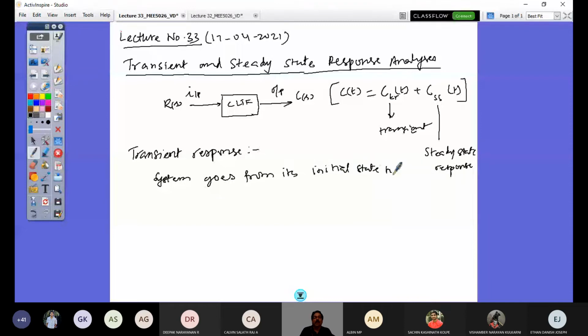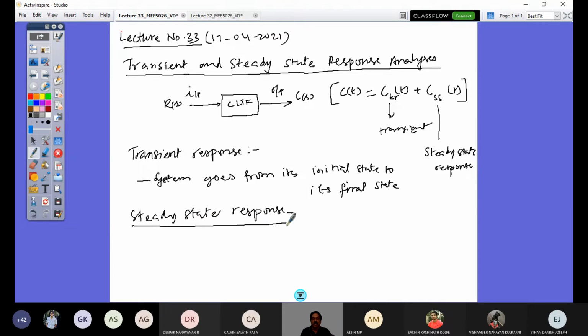What is steady state response? Steady state response means the manner in which the system output behaves as time t approaches infinity.